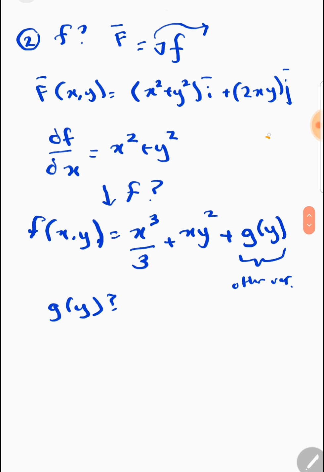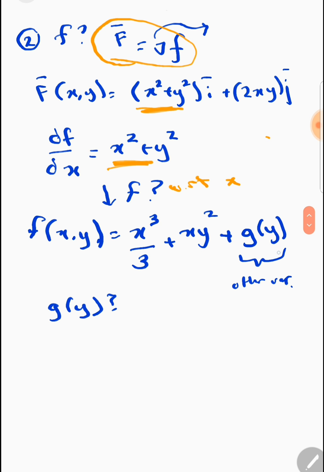Because the conservative vector field applies to this criterion, f is actually the d over dx of f for the x component, which I extracted. That's the first step. And after we have identified the df over dx, we integrate it to get the f of x y. And since we integrate it with respect to x, we have a constant. Do include the constant, and we express it in terms of y here.